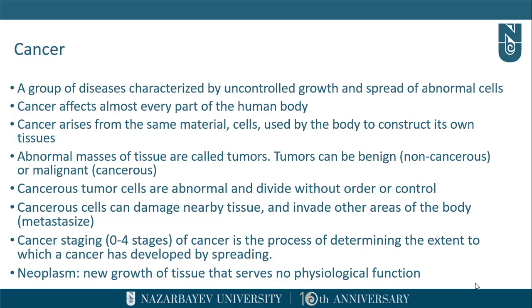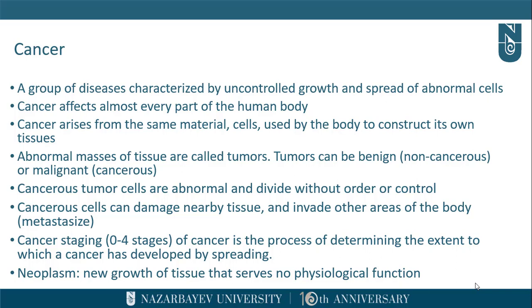So what is cancer? This is a burden on healthcare in many countries, where this is a group of diseases. It's a huge group of diseases that encompasses uncontrolled growth of abnormal cells. And it really affects every part of the human body.